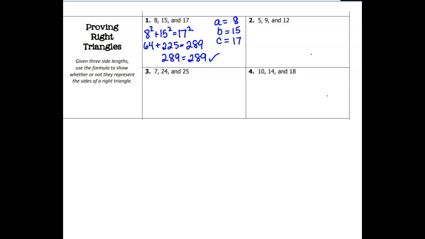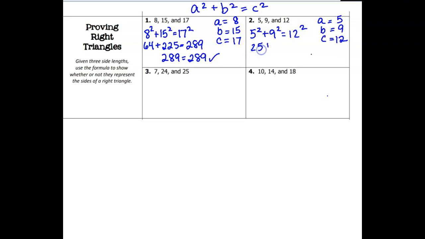So let's do the same for the next one. First, I identify my A, B, and my C. I find the C is the easiest, which would be 12, the biggest one. I've got 5 and 9. So again, let's write it down: A squared plus B squared equals C squared. Our A is 5, we're going to square it, plus 9 squared. And does that equal 12 squared?